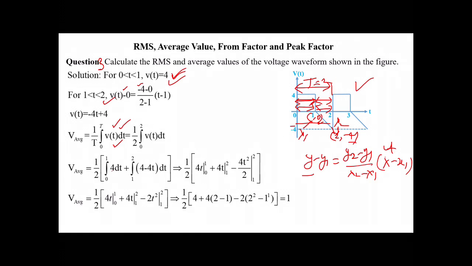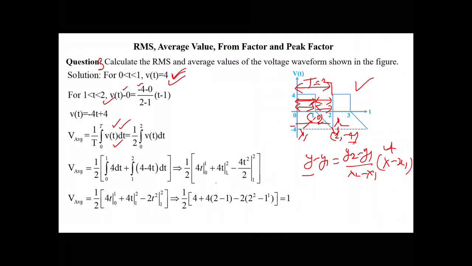After taking integration, V average equals 1 upon 2 large bracket, 4t limit 0 to 1 plus 4t limit 1 to 2 minus 4t square by 2 limit 1 to 2, large bracket close. Now substitute the value of limit.